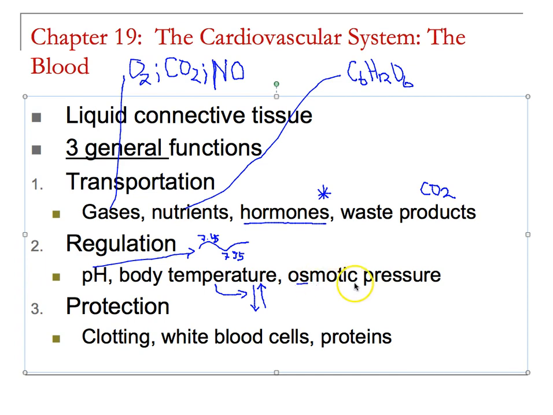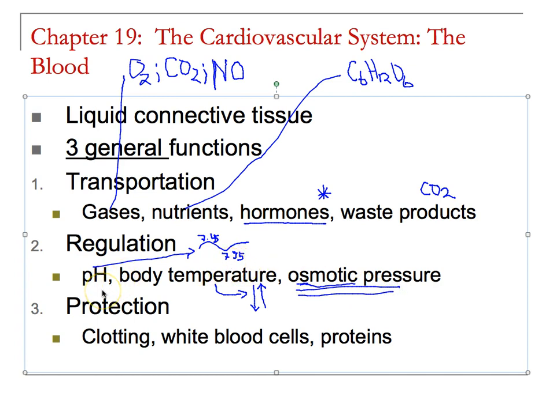So osmotic pressure, of course, is the movement of water into a space as a result of the change of the number of solutes inside of that space. And what did we have up here? Well, we have nutrients. And you're going to see down here, we actually have proteins as well as cells. And that is what actually determines osmotic pressure inside of our circulatory system.